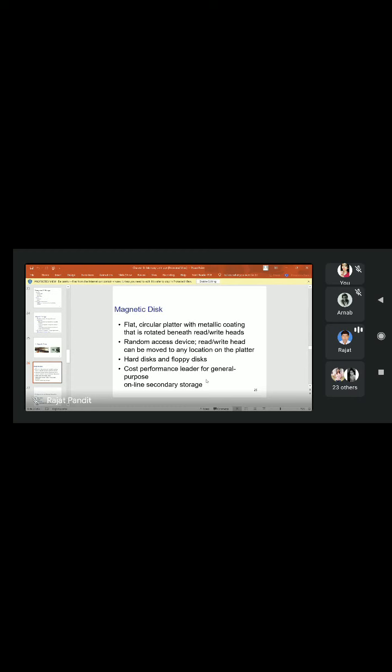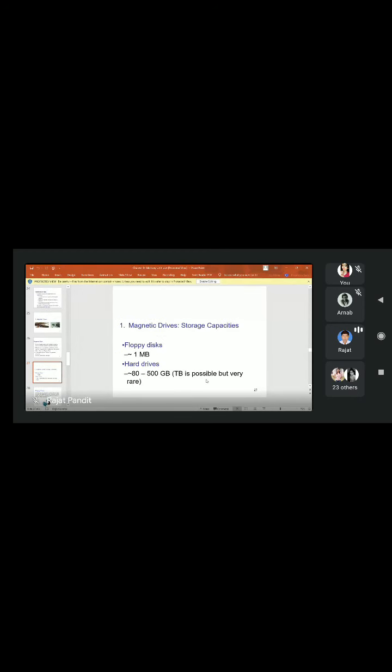The concept of magnetic disks is applied in the hard disks and the floppy disks. Cost performance leader for general purposes. Online secondary storage. Okay. Then the magnetic drive storage capacities: floppy disks 1 MB, very small capacity.